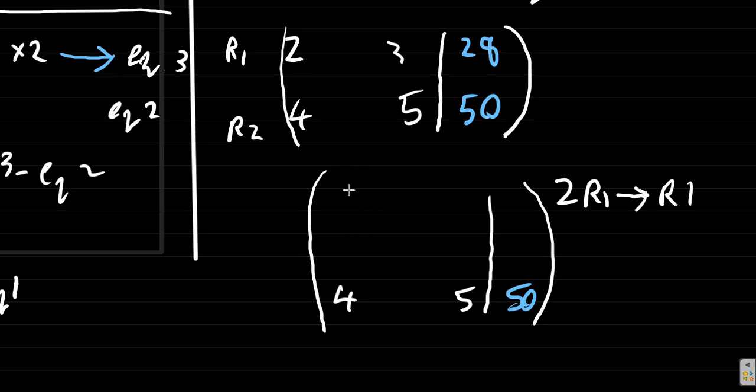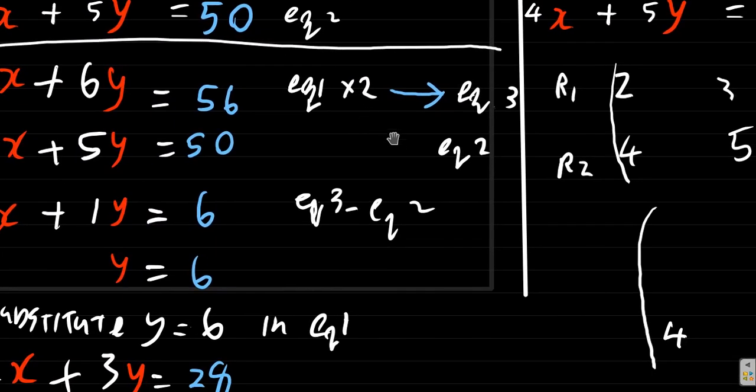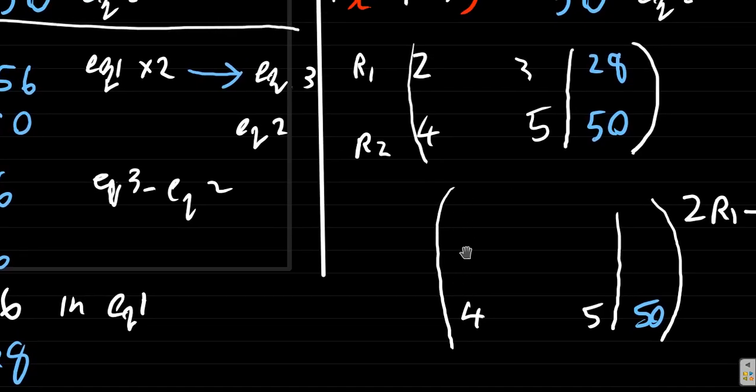So multiplying row 1 by 2 is the same thing as multiplying equation 1 by 2. Later on, you're going to subtract one equation from another. Or you can consider it as taking one row, multiplying it by -1 and adding it to the next row.